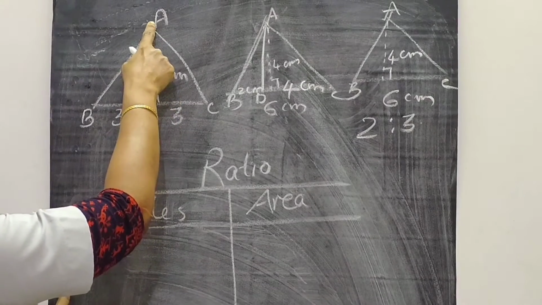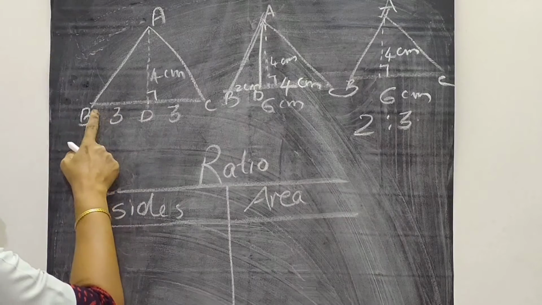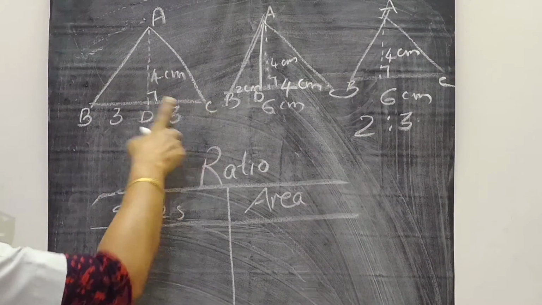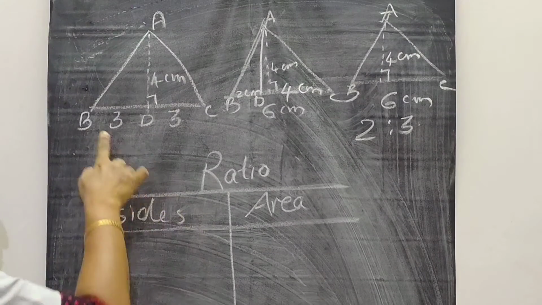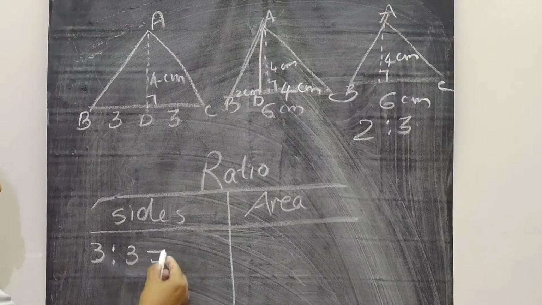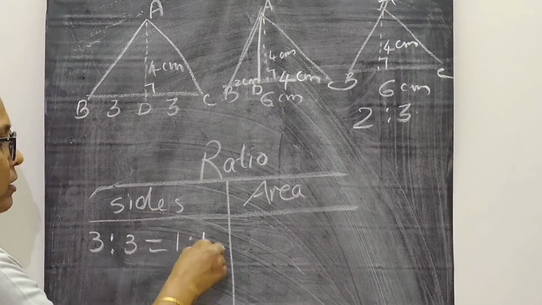When we draw a line like this, cut in the middle, BD equals 3 centimeter and DC equals 3 centimeter. That is, the ratio is 3:3. We can simplify 3:3 as 1:1.